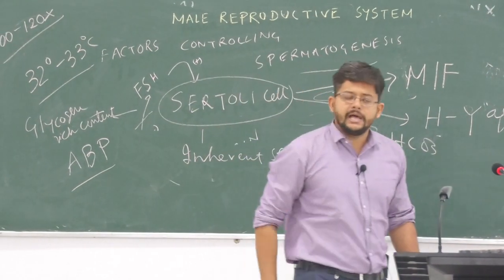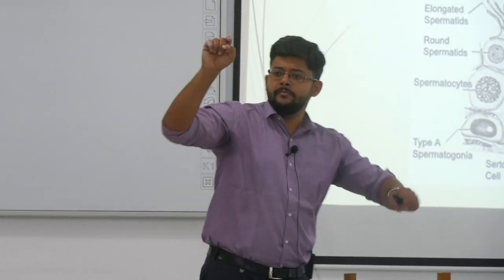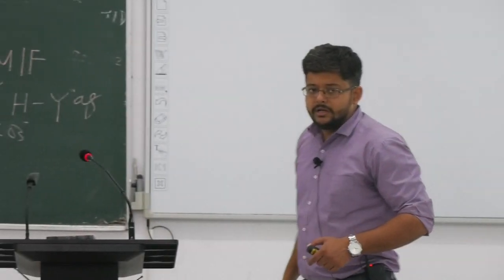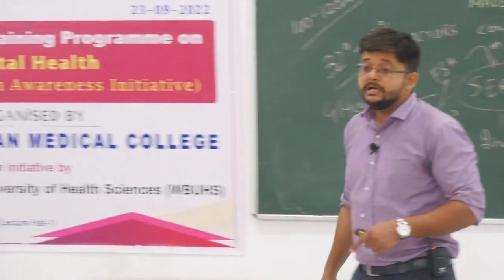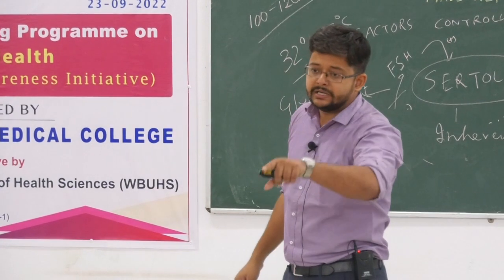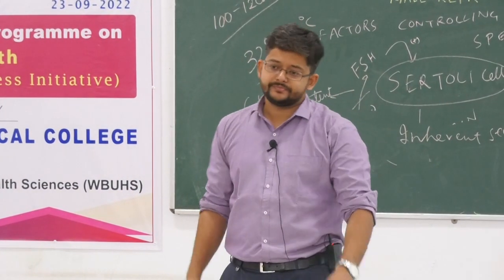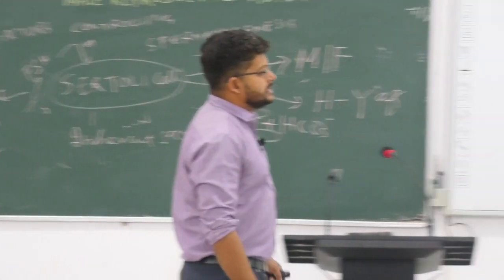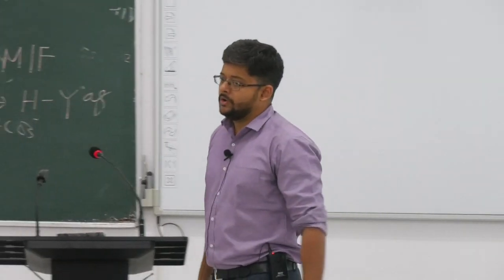So Sertoli cell has its own secretion rich in potassium and bicarbonate. এটা কি করছে? This maintains the osmolality inside and around the seminiferous tubule. This maintains the osmolarity inside the seminiferous tubule.